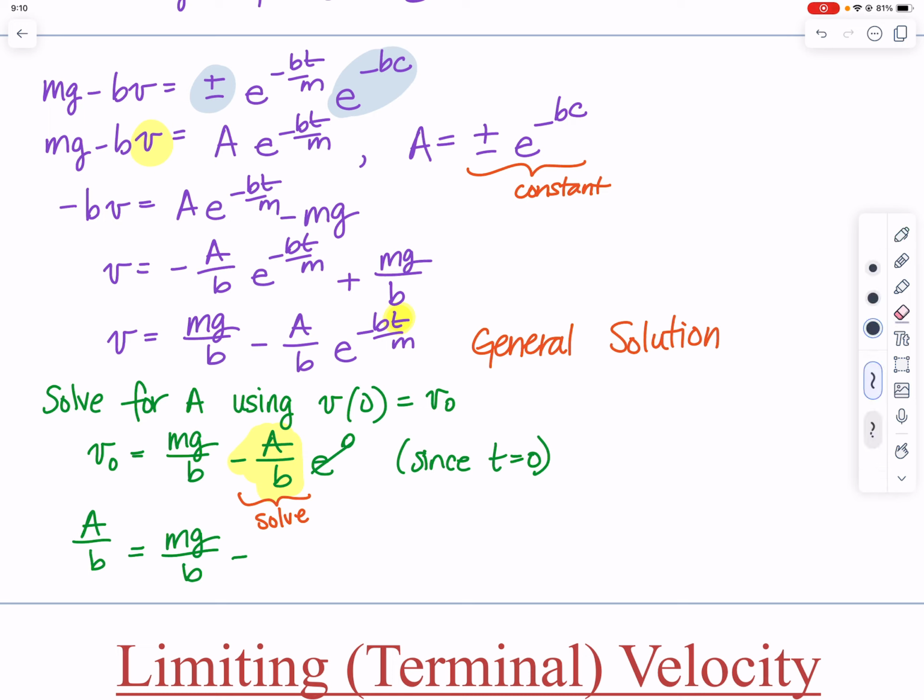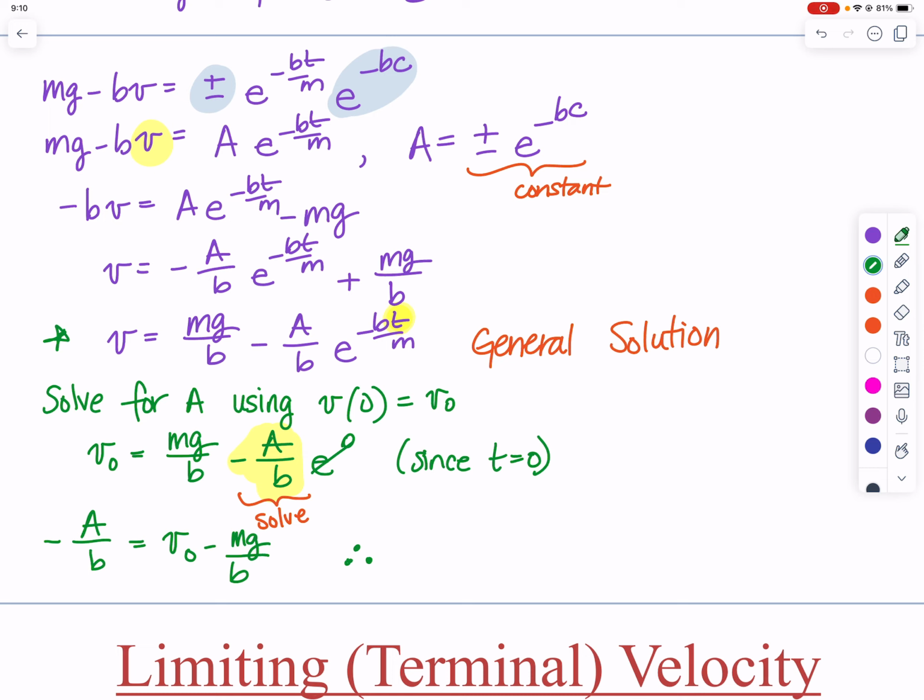Actually, minus A over b is what we're solving for. So all we would have to do is have v naught minus mg over b. So now we can plug that into our star equation.